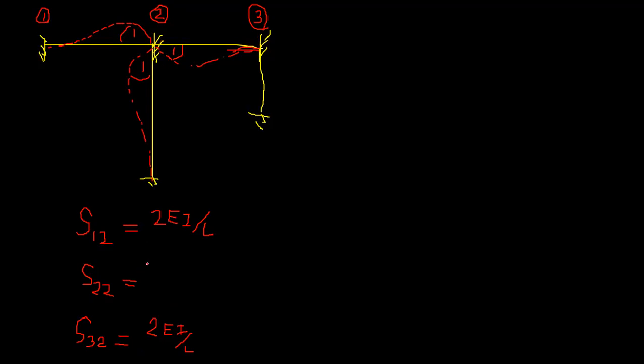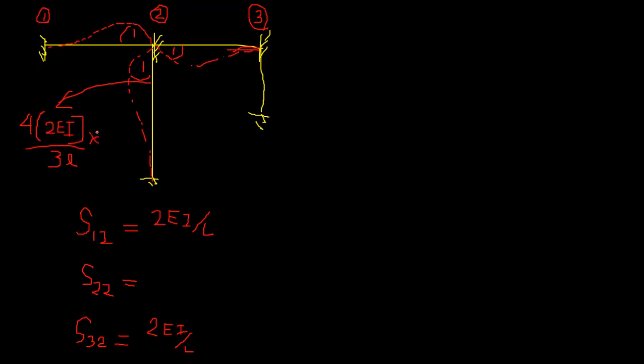So theta is 1, right? Theta is 1, we are applying a unit displacement and the force is stiffness, right? So we have 4 EI over L here, 4 EI over L here. Here you have 4, that is already 2 EI, and L is 3L over 2.